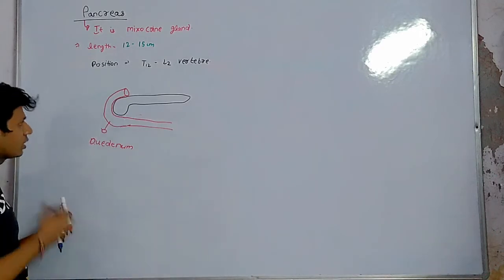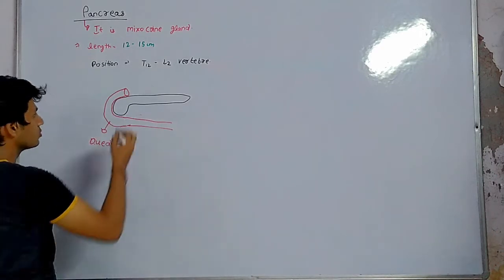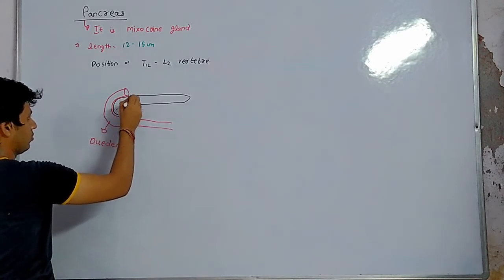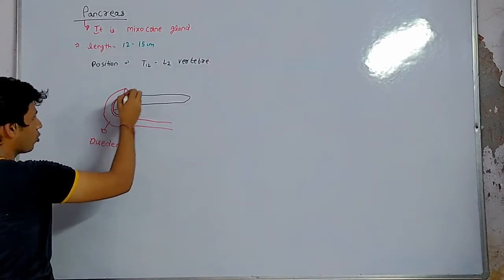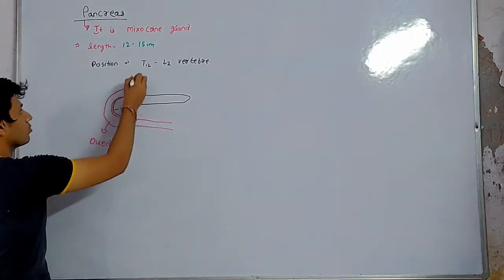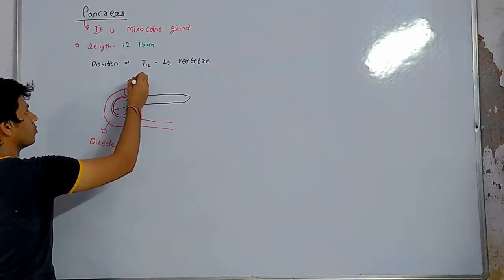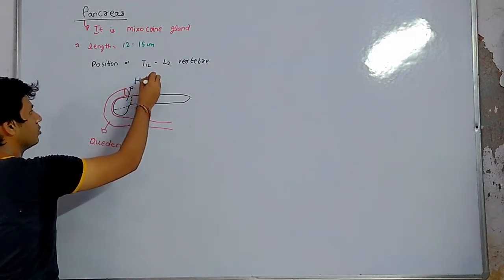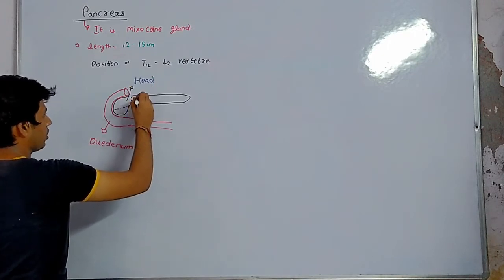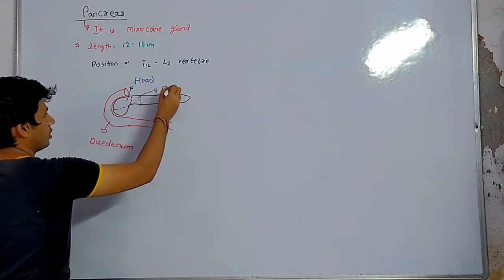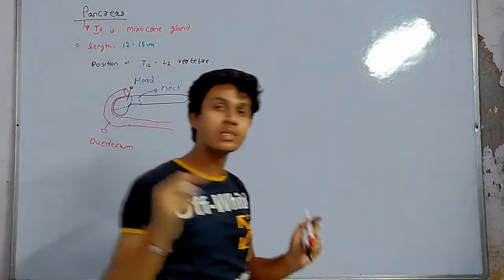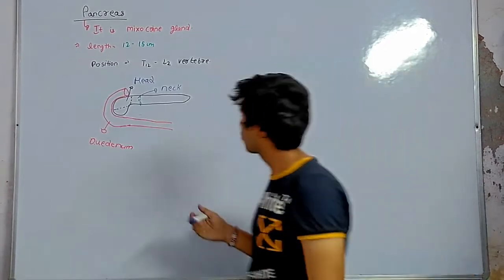So there are some parts in the pancreas. This portion is called the head of the pancreas. This portion is called the neck. Remember, behind the neck, the superior mesenteric and inferior mesenteric veins combine and the portal vein forms.